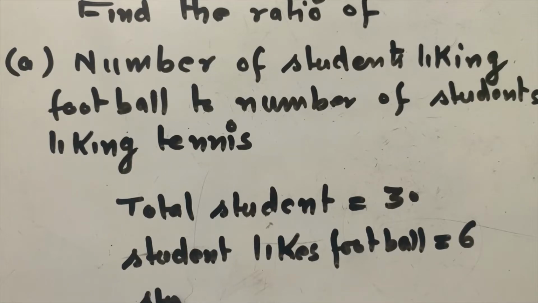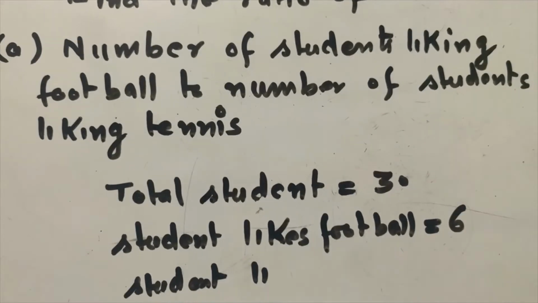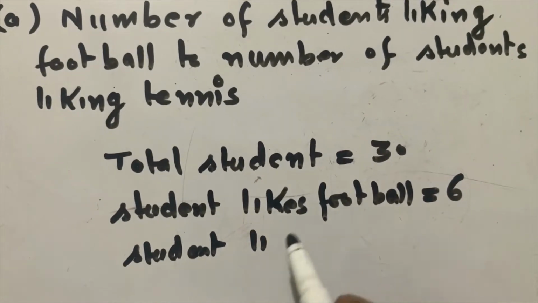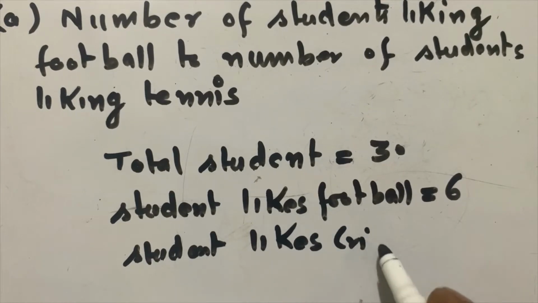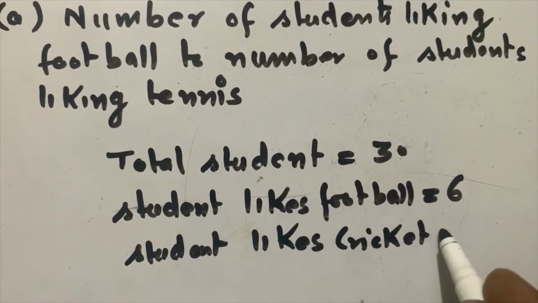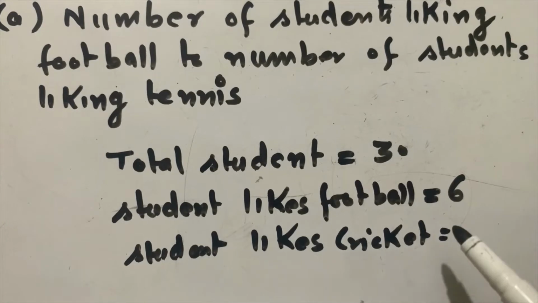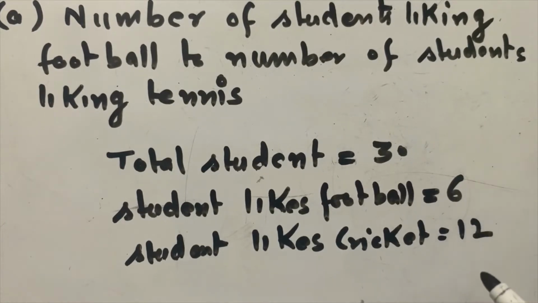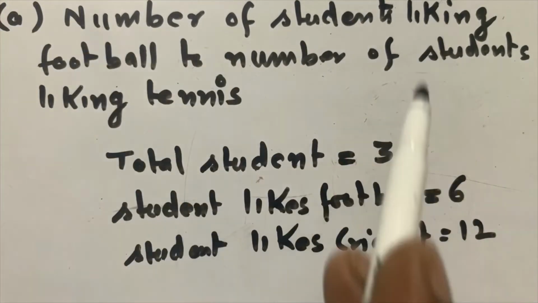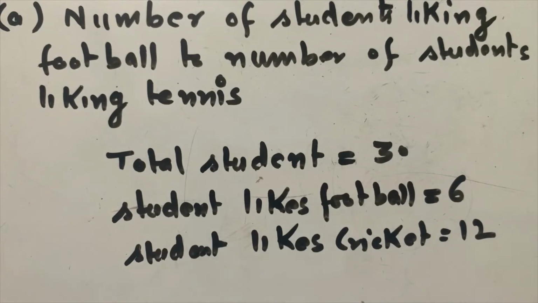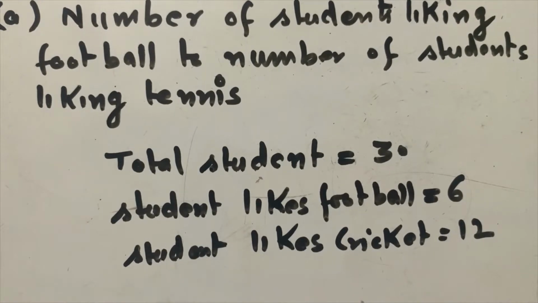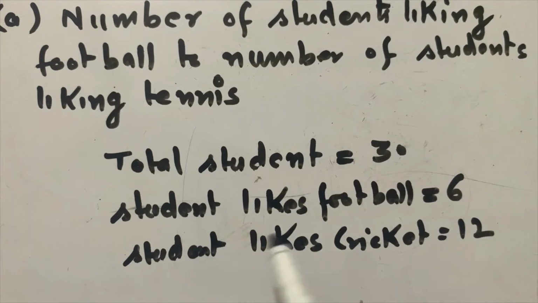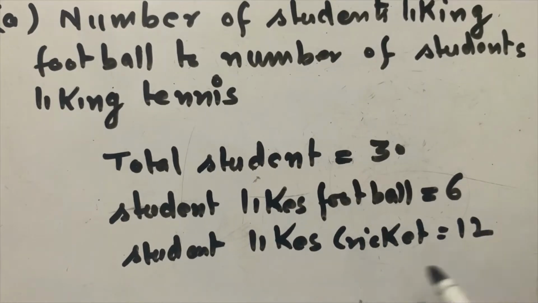Number of students who like cricket is equal to 12, and remaining like tennis. So how will you find the students who like tennis? Total students minus football plus cricket students.